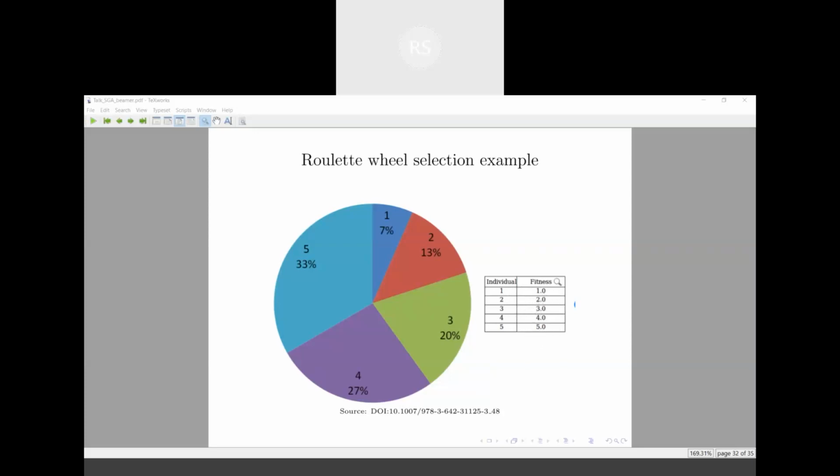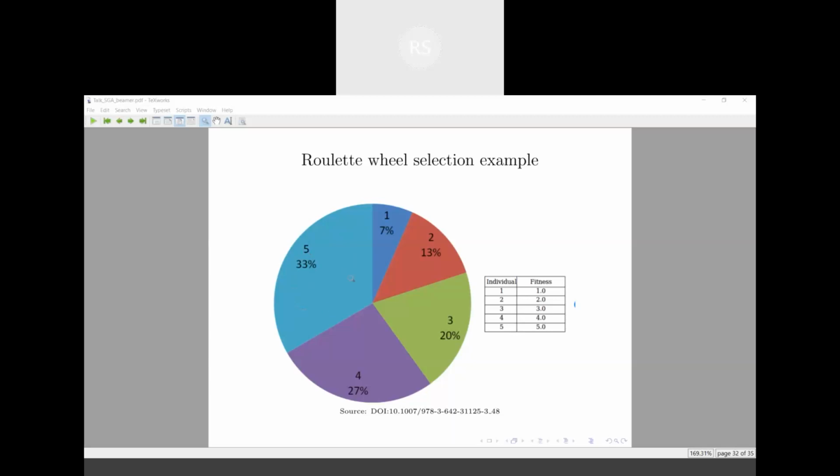So what he will do is total the fitness of all the candidates. Individual 1's fitness, divided by the total fitness, will be the place reserved on this wheel for individual 1. For individual 2, this is the space given. Number 5 is the fittest, so he has been given this much space.